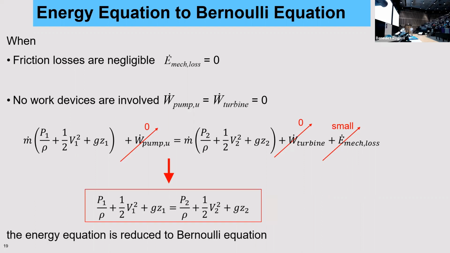So we end up with the Bernoulli equation. This slide, perhaps more than any other, will guide you as to which equation to use. When the mechanical losses are small and you've got no pump work, you can use the Bernoulli equation. If you understand how we derive each equation, applying it is straightforward.